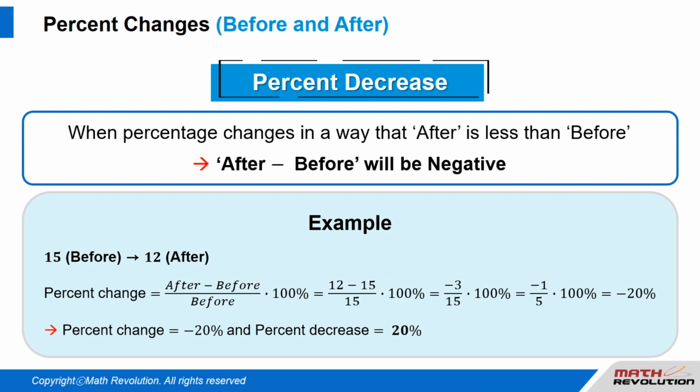Percent decrease is equal to after minus before over before times 100%, which is equal to 12 minus 15 over 15 times 100%, which is equal to negative 3 over 15 times 100%, which is equal to negative 1 over 5 times 100%, which equals negative 20%. Therefore, the percentage change is negative 20%, and the percent decrease is 20%.